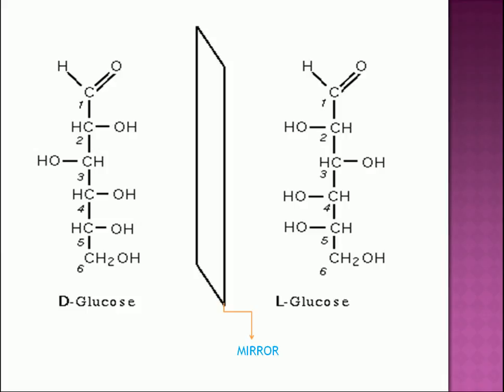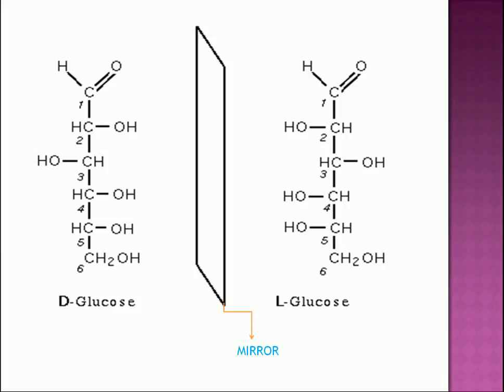The sixth carbon is a primary alcohol, CH2OH. If the OH is on the right side of the fifth carbon, that is the penultimate asymmetric carbon. That indicates the D form of the isomer, and its mirror image is the L isomer.